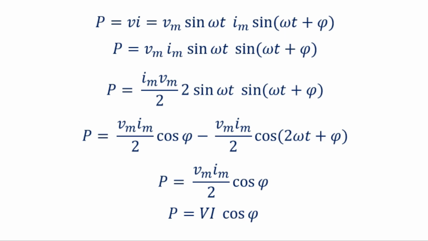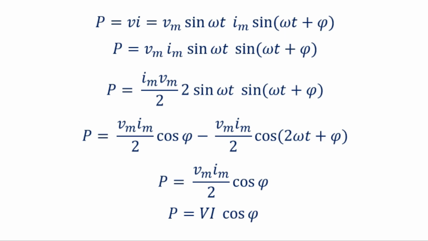We can write this expression as Vm into Im by 2 into 2 sin omega t sin omega t plus phi. Therefore P equals Vm into Im by 2 cos phi minus Vm into Im by 2 cos 2 omega t plus phi. Since the average value of the cos 2 omega t plus phi term over a half cycle is 0, the value of cos 2 omega t is 0 over a half cycle.